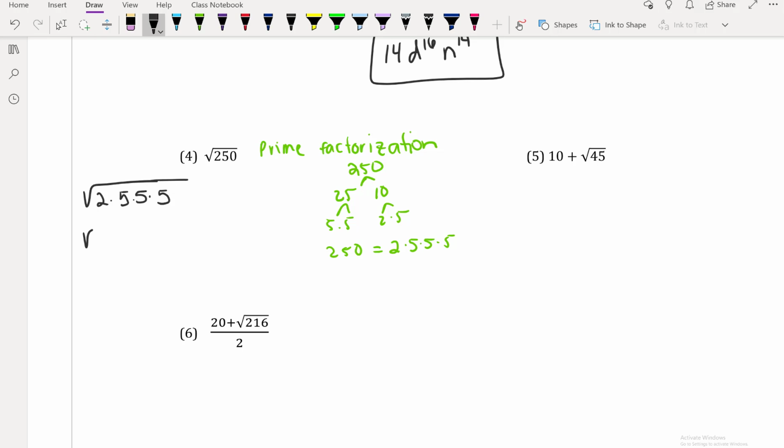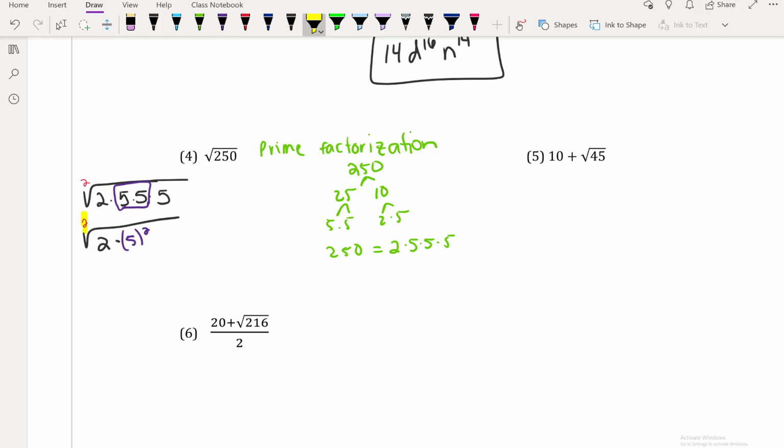I can say that this is 2 times 5 squared, and remember, my index, if it doesn't say it explicitly, is going to default to 2. The reason I'm going to group those two together is because of the index.